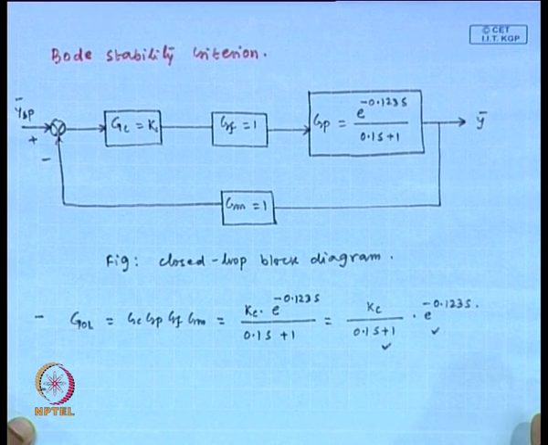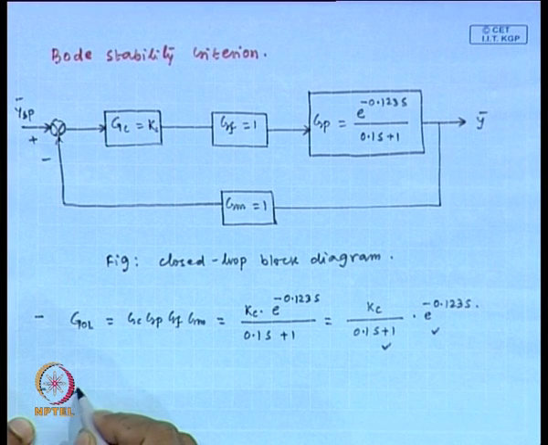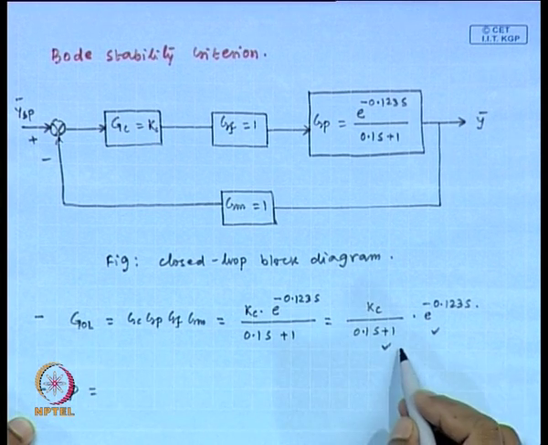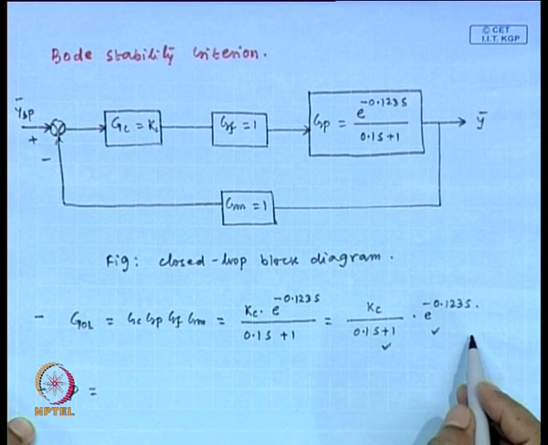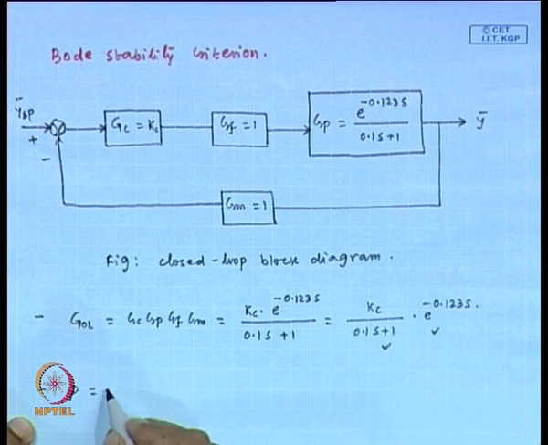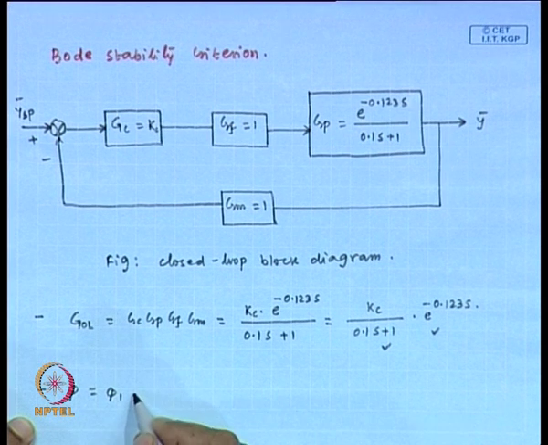In the next, we will try to find the expression for phase angle phi. If we consider a first order system and dead time element, then we can write phi equals phi 1 plus phi 2.